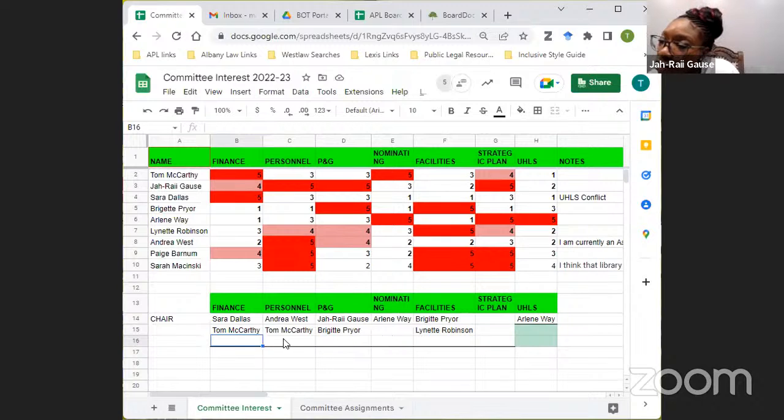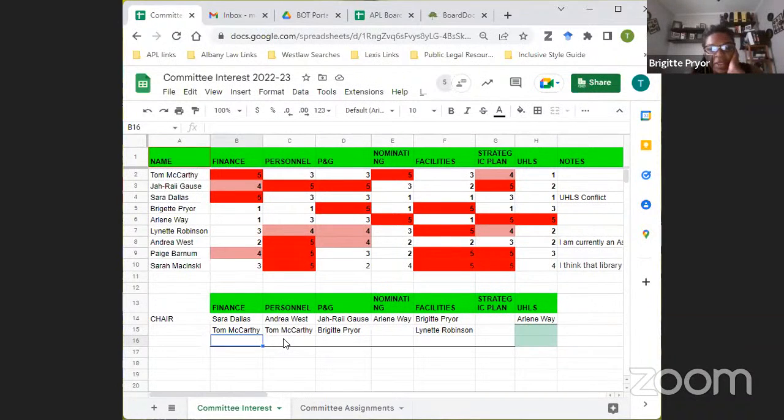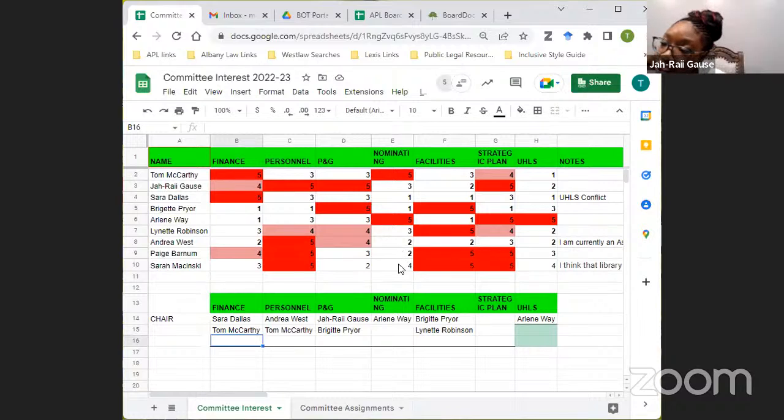Was facilities done? Who was it? So facilities was Bridget, Lynette, and I said Sarah, but someone was saying to break the tie because it's 2 other people, to see where they fit. Paige and Sarah are the two others.